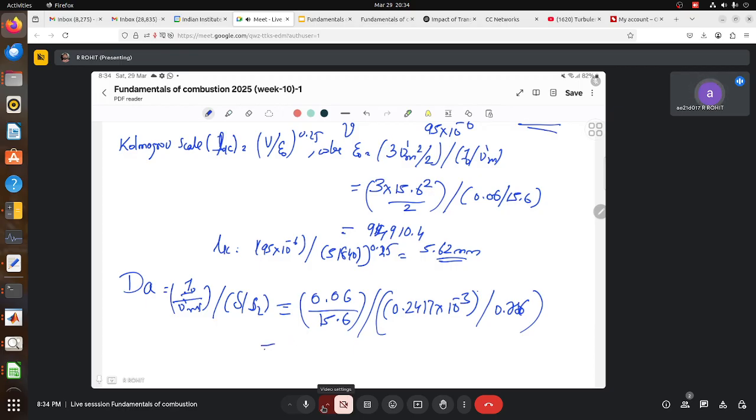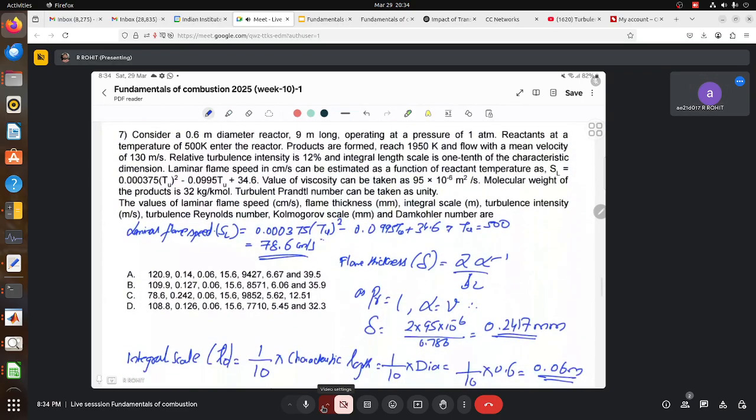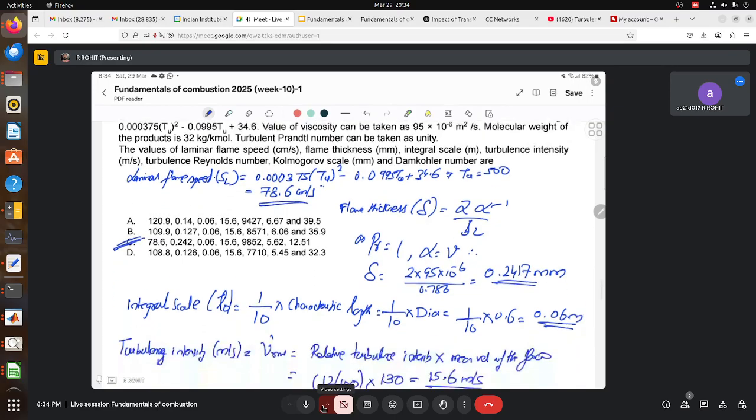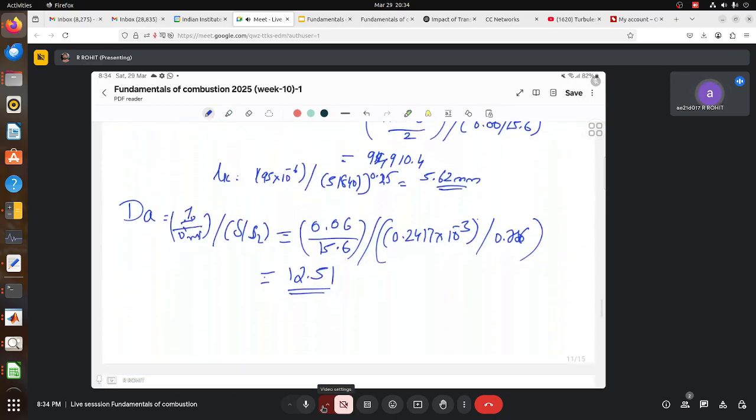If you solve it, you will get a value close to 12.51. So option C will be your correct answer. I hope this is clear how we have done it.